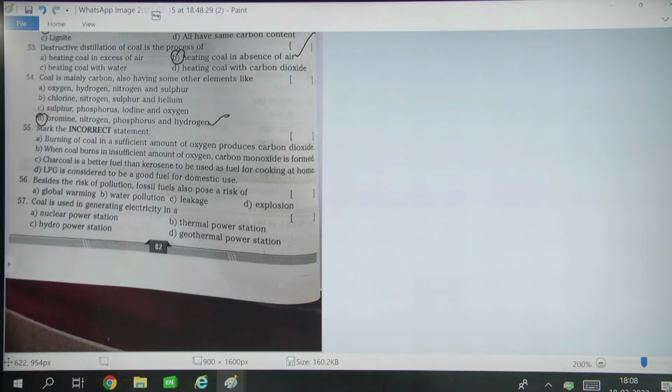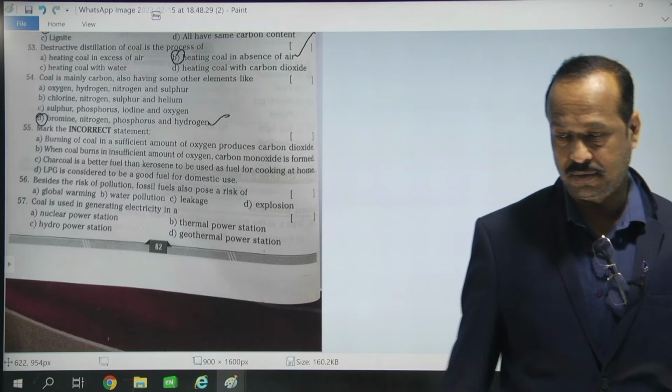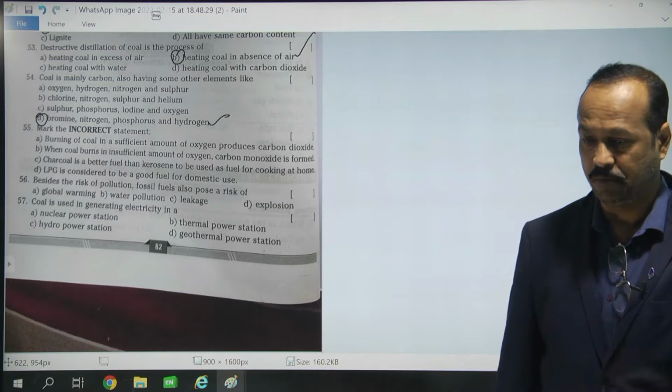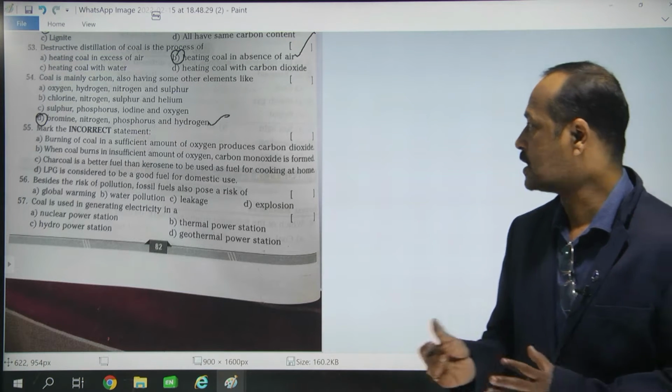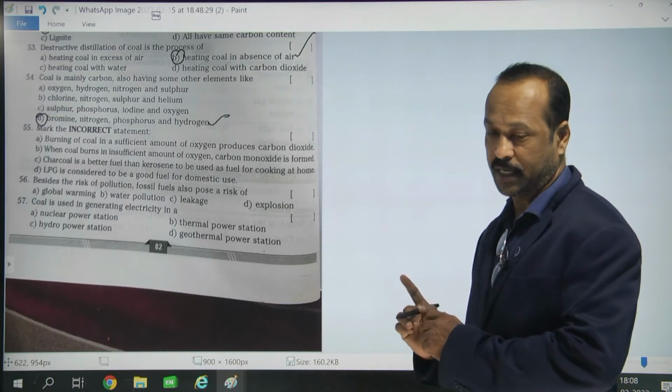Next question. Mark the incorrect statement, which is not correct. Burning of coal in a sufficient amount of oxygen produces carbon dioxide. When you burn coal in sufficient oxygen, it releases carbon dioxide. One by one, see the sentences; one is an incorrect statement.